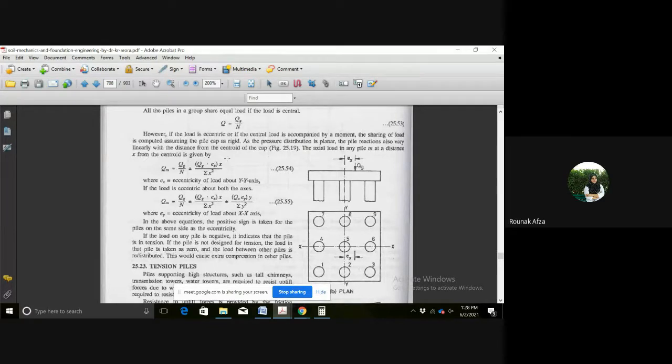Sir, resistance. Yes, what are the terms in P upon A plus minus M upon Z and where it is used? Nobody is able to answer.